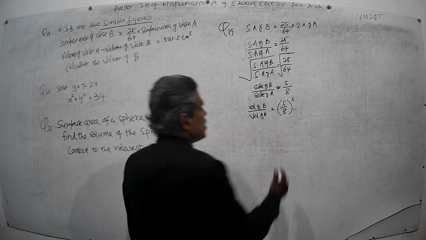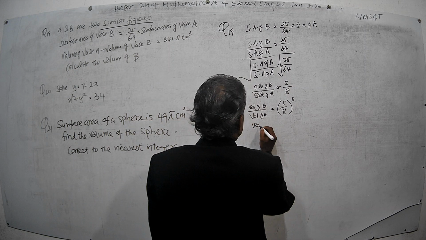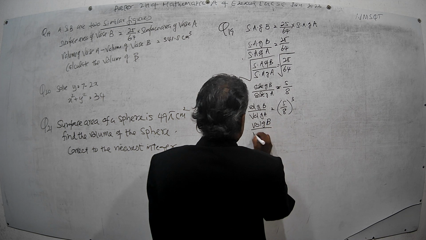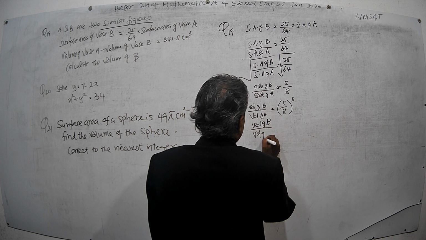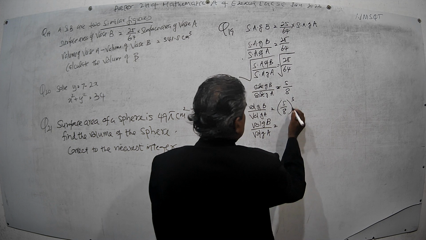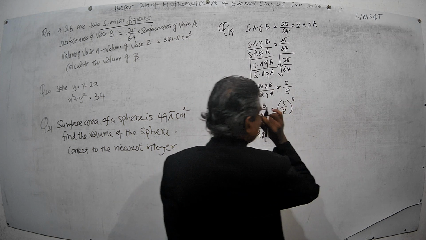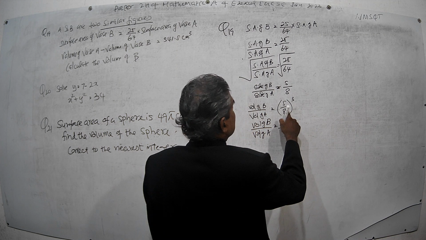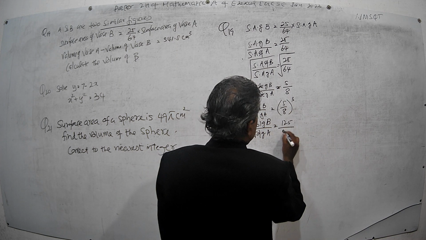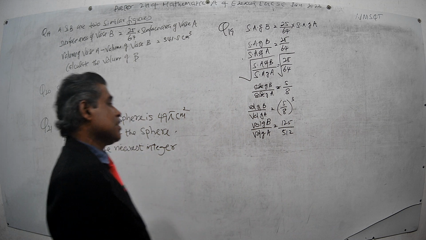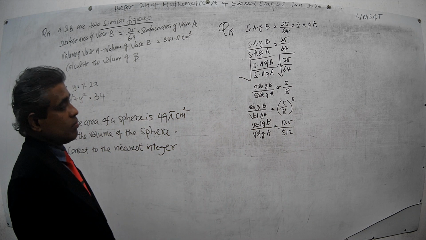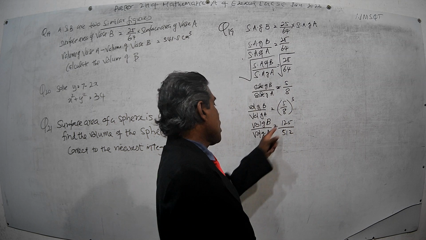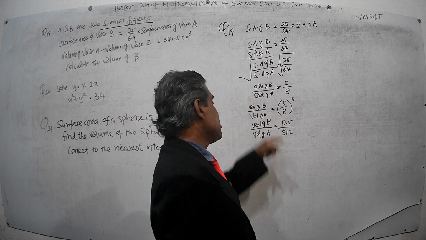Volume of B over volume of A equals how much? 5 cubed is 125. 8 cubed is 512. Now this is the ratio between volumes.